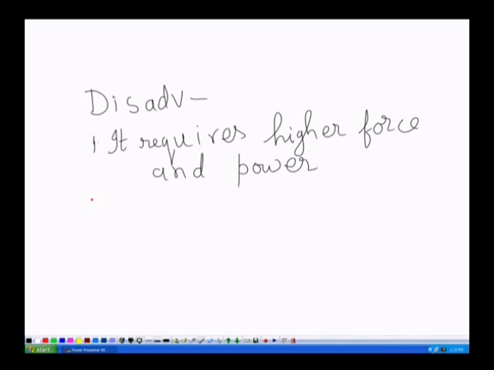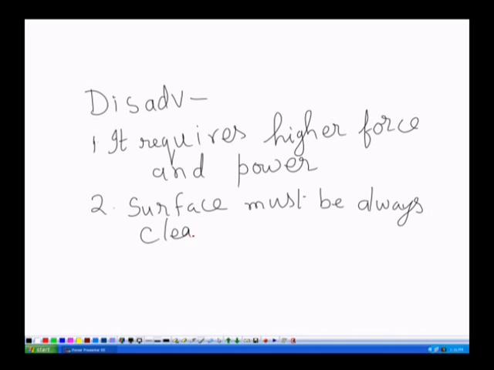Second, the surface must always be clean and perfect.